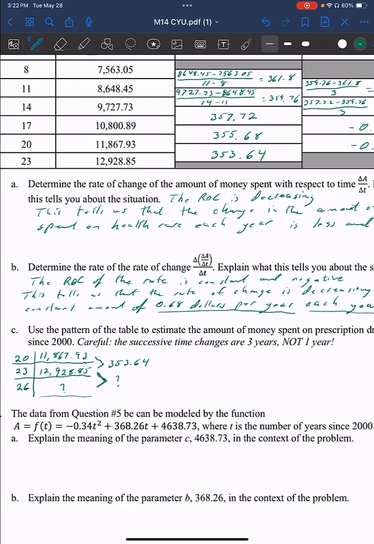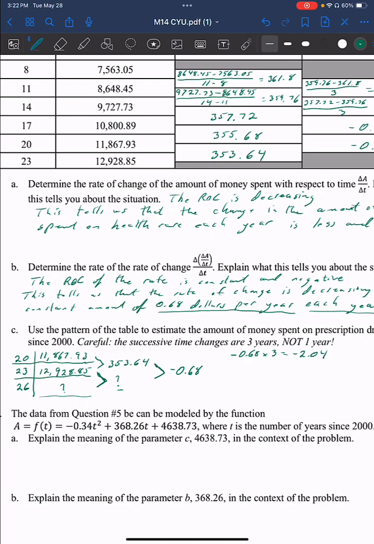And so in order to do that, we can only know this value if we know how much the rate of change is changing by. And we know that the rate of change is changing by a constant of negative 0.68 per year, and this is a 3-year change, so negative 0.68 times 3 is negative 2.04.